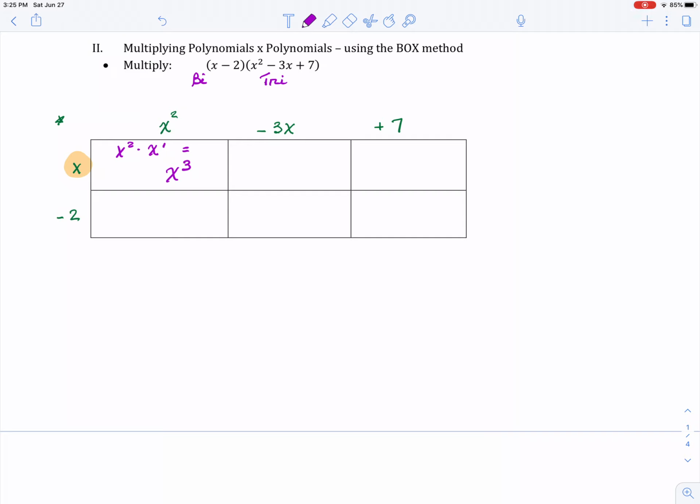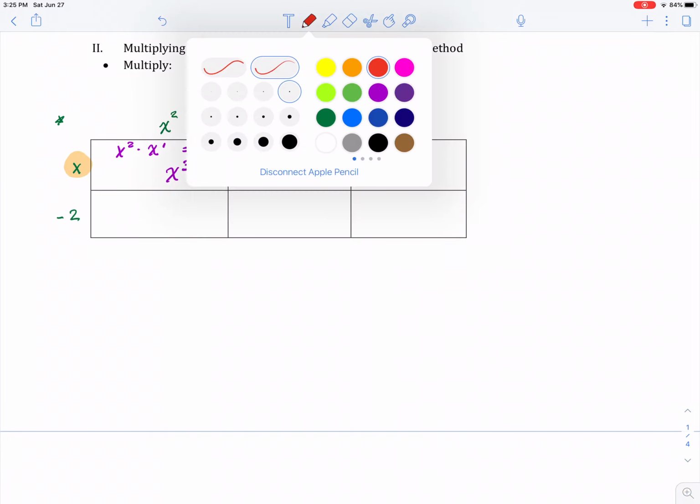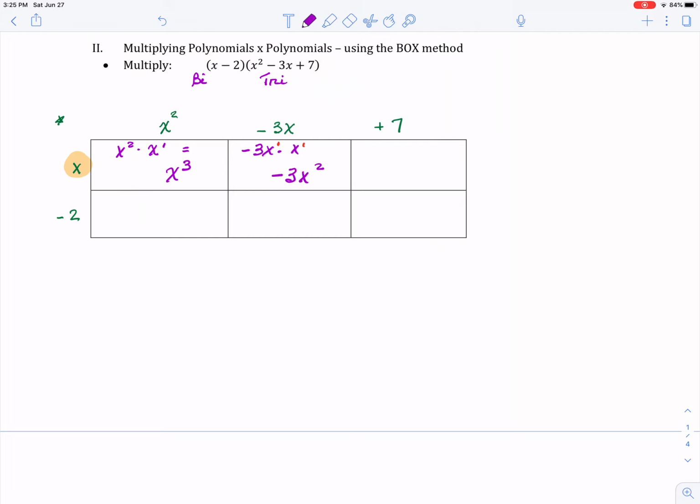When I do x times -3x, I get -3x to the second, because remember, these are both exponents of 1 and they do add together. And then when I do x times +7, I get +7x. All right, so that's my first row completed, multiplying by x.